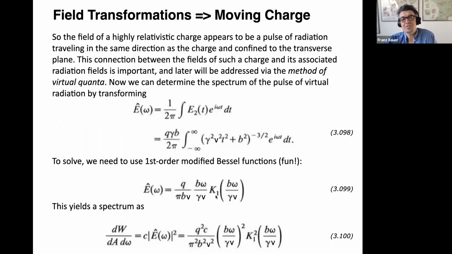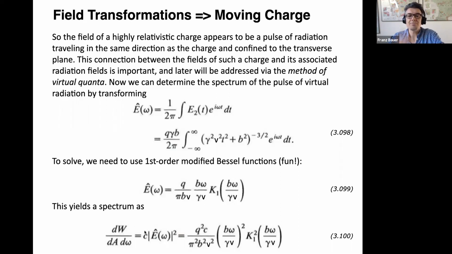So this modified first order Bessel function, with this as the parameter or index, or whatever you want to call it. And so this is the end of this integral. We can think of this electric field as a function of frequency. We can look at how much energy per unit area per unit frequency that is, and that should be proportional to the square of the E field, well, the E and the B field, but in this case, just the square of the E field multiplied by c here.